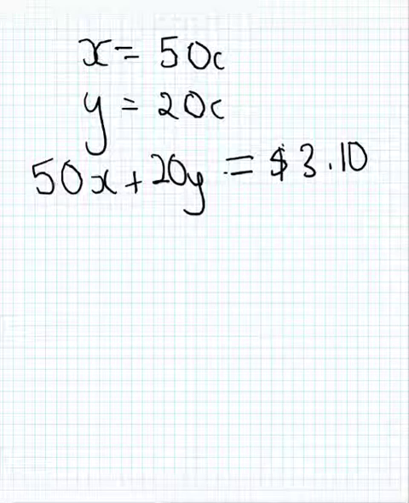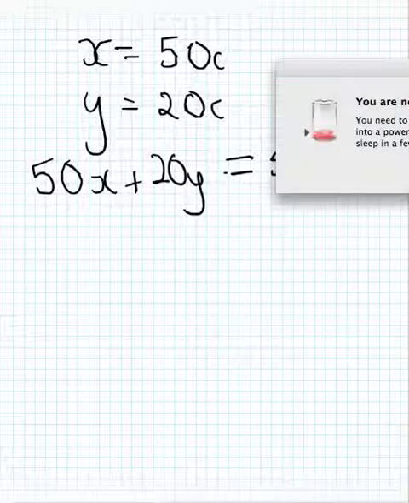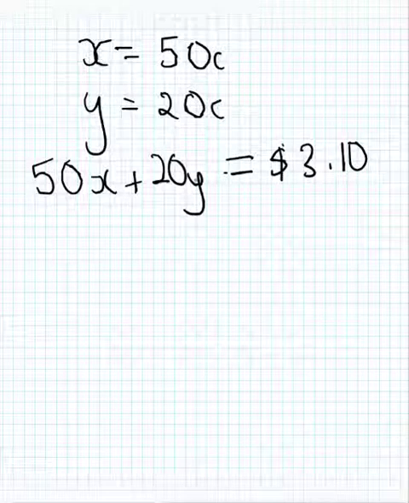That is why we have 50 cents times the amount of 50-cent pieces we have, and 20 cents times the amount of 20-cent pieces we have. We don't know what they are, but that's why this equation has the 50 cents and the 20 cents in it.